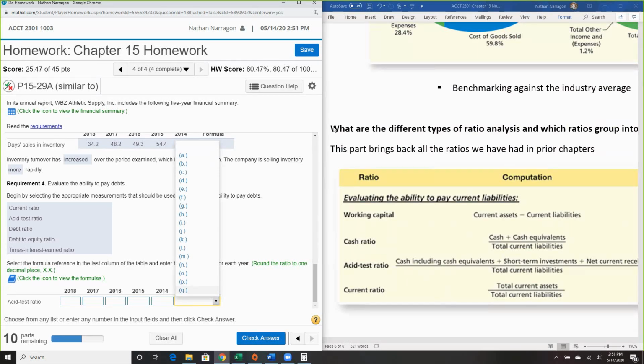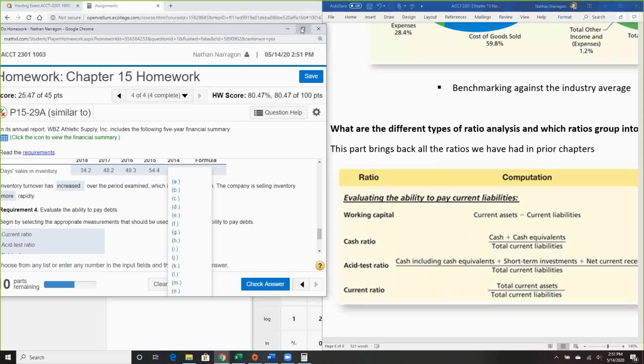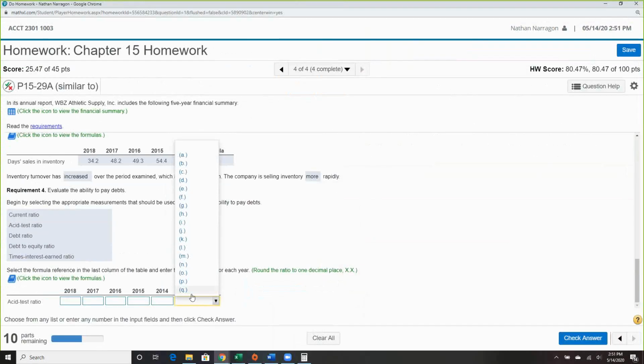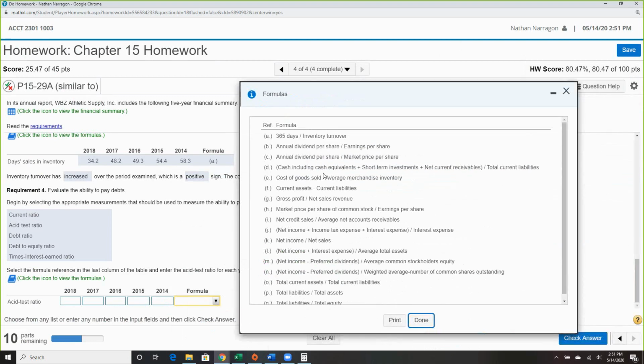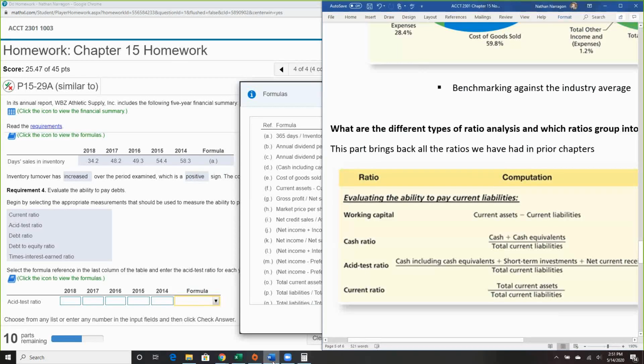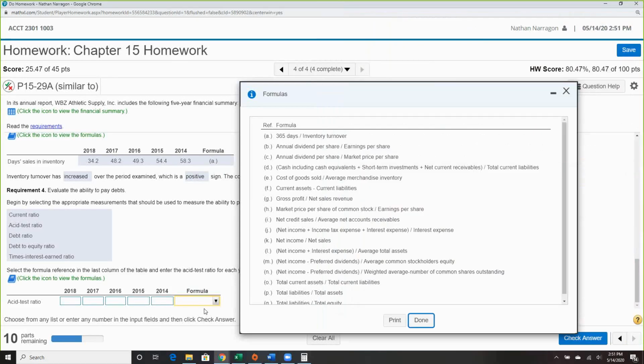So now we can go basically back, having that full screen. Alright. There we go. It should be D. Yeah. D. There we go.